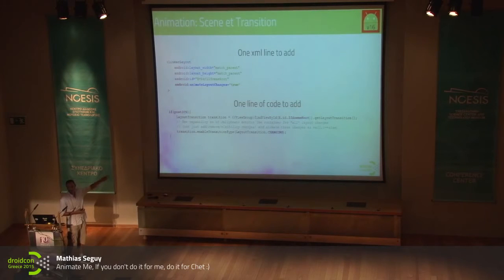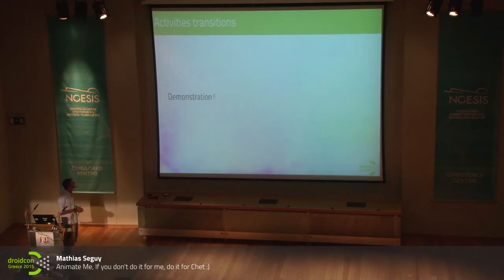So with two lines of code and one line of XML, every time you change a position or a view, or you hide something, there is an automatic animation done for you. And it's much better for your user. So this line of code, you should add it right now, because it's one line and it changes nothing for you.